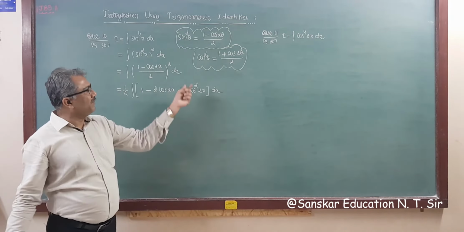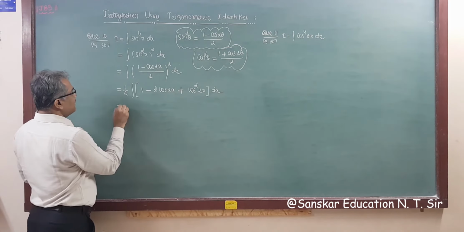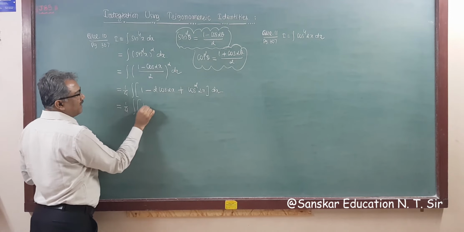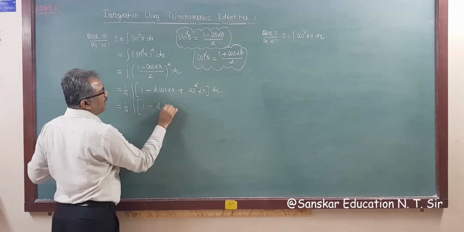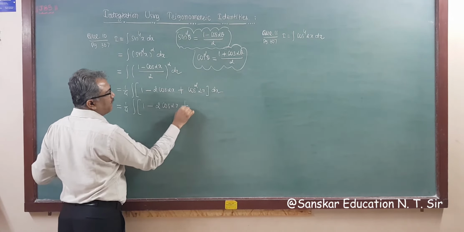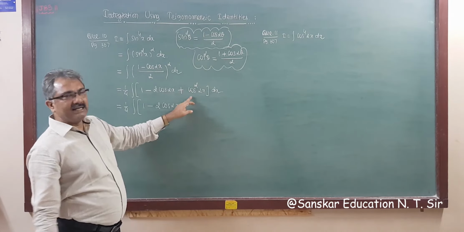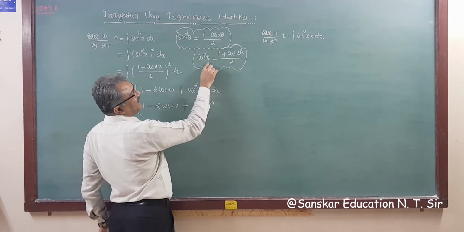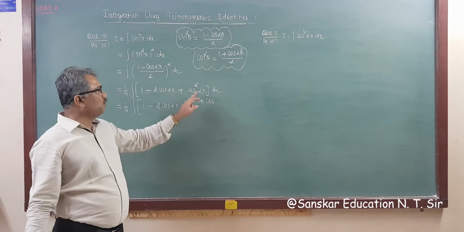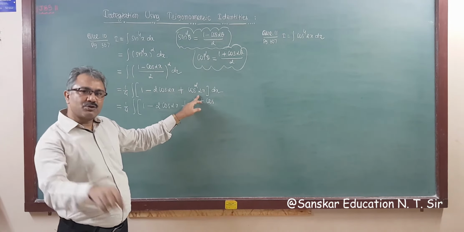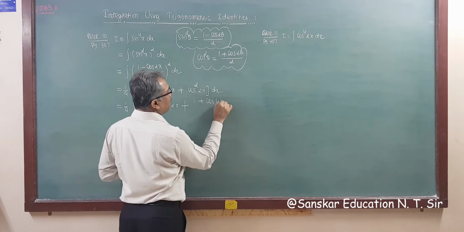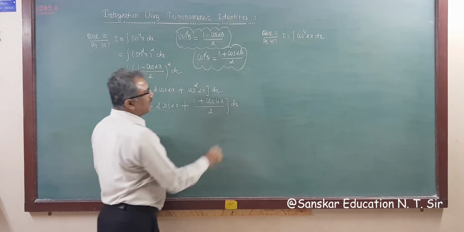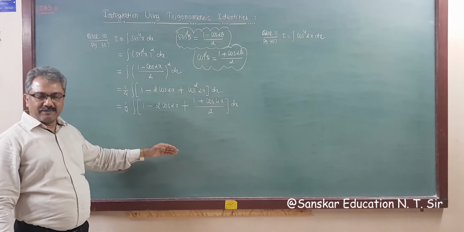So applying this formula here, this is equal to 1 upon 4 integration 1 minus 2 times cos 2x plus cos square theta, which is 1 plus cos of double the angle. If theta becomes 2 theta, then 2x becomes double, means 2 into 2, 4. So this is 4x divided by 2, dx. So we are in simplification mode only, right?